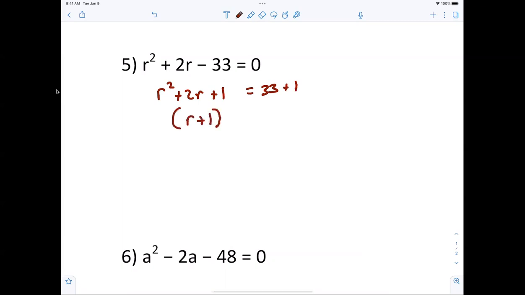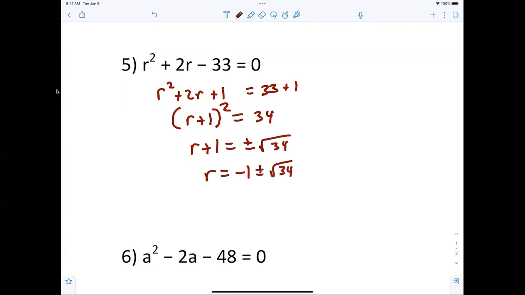R plus 1 squared equals 34. Square root. R plus 1 equals plus or minus square root 34. 34 is 2 times 17. Both those are prime, so it doesn't break down. So final answer, R equals -1 plus or minus square root 34. Everybody's good with that?